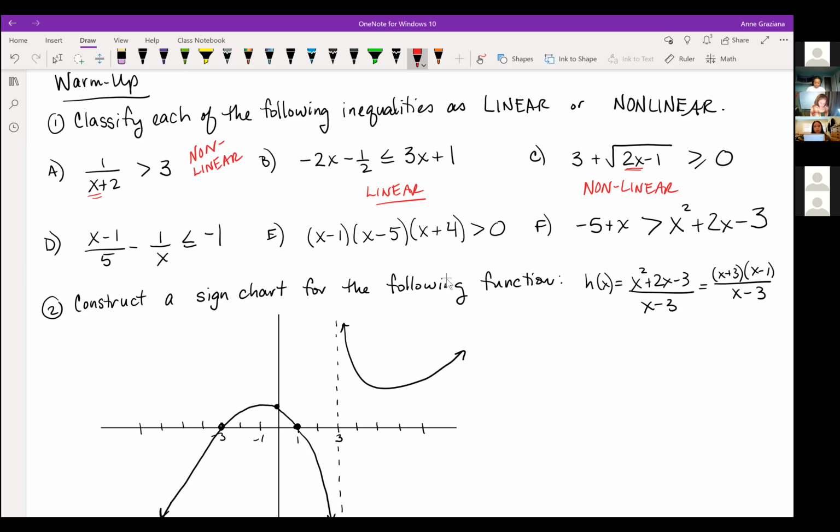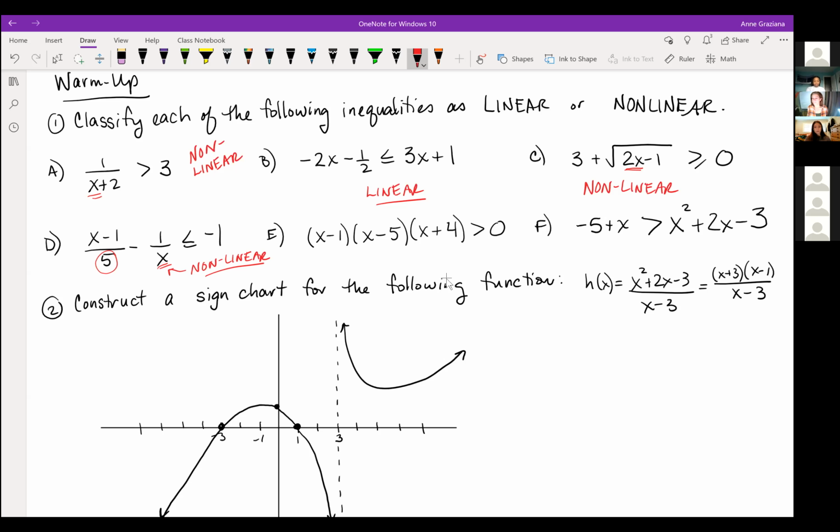We have a variable in the denominator. The 5 is a number, but this variable means that this is nonlinear. And when we graph this, what I mean by nonlinear is your graph is not going to be a straight line. All right, let's look at E. Linear or nonlinear? Give me a thumbs up if you think it is nonlinear.